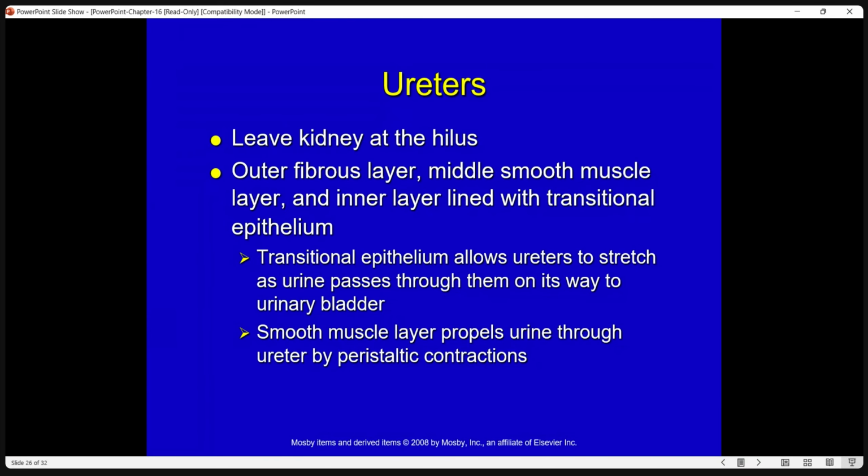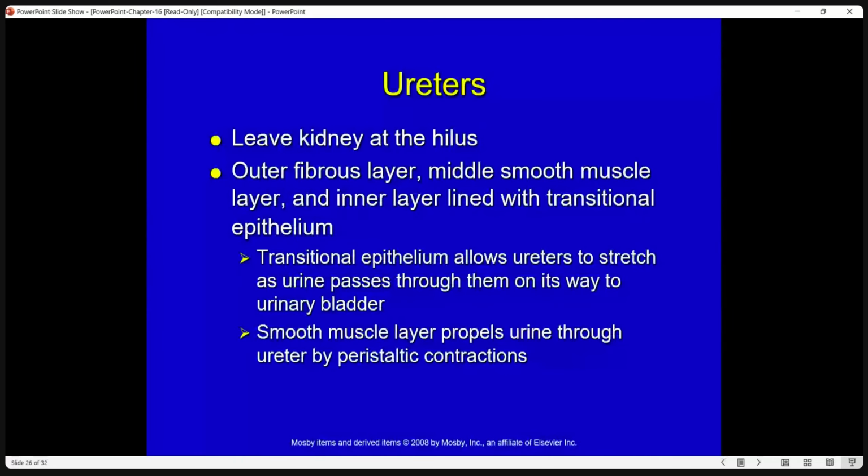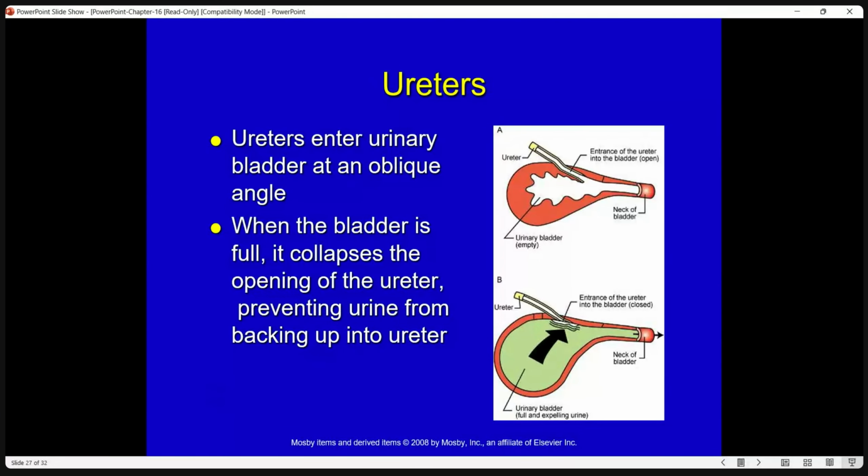And that is all you need to know, because you also understand that the ureters help to transport urine. Where is it transporting urine from? It's transporting urine from the kidneys to the bladder, and that is all. So that is all about the ureters, and you can see the orientation over there.